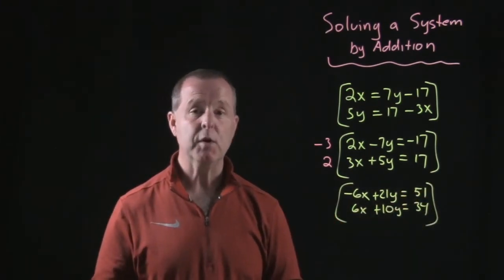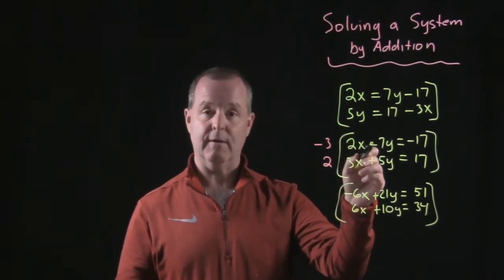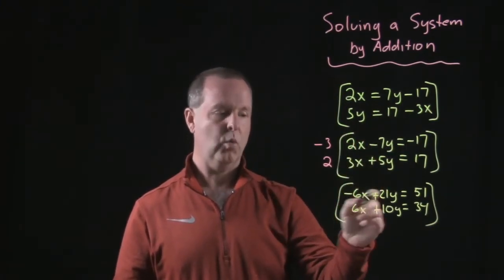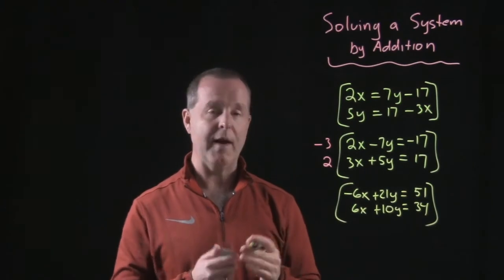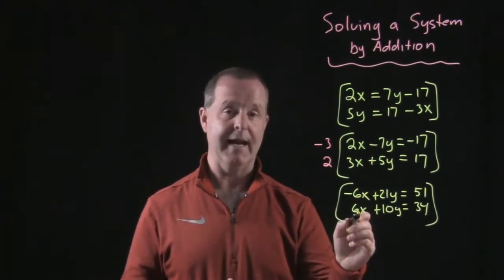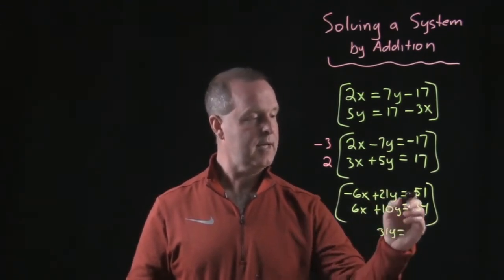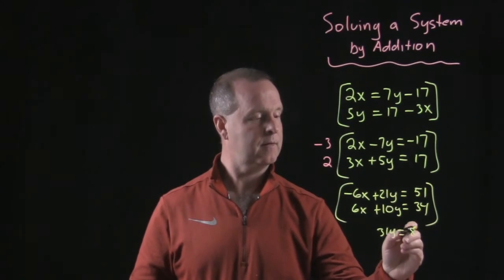Now notice I still have a 2 by 2 system. The first attempt was to rewrite them in standard form. The second part was to work in some way that I could see a variable to eliminate. And now I do. The x's can eliminate, which makes 31y equals 85.